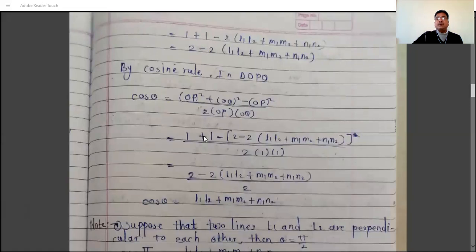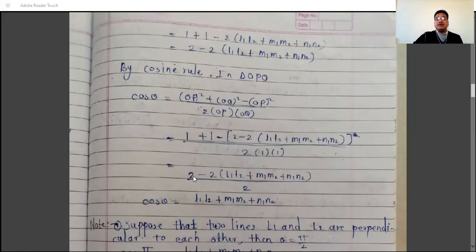So 1 plus 1 is 2, minus the effect of this minus sign, minus 2, here the addition is 2, minus 2, then plus 2 times L1 L2 plus M1 M2 plus N1 N2. And 2 minus 2 is 0.